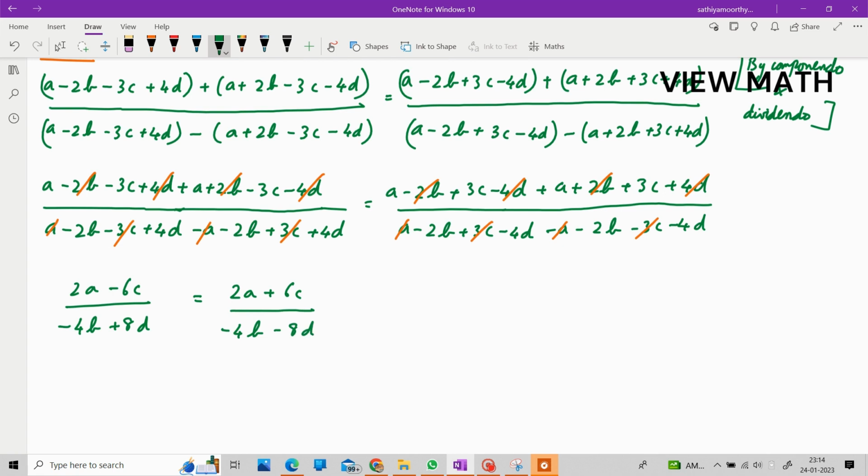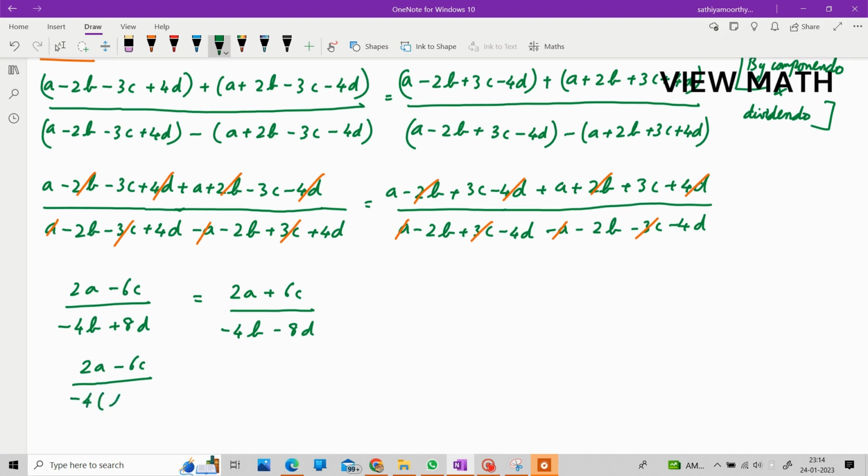Now I'm going to interchange 2a minus 6c, and now I can take the common terms outside. So here the common term, minus 4, I can take it outside.